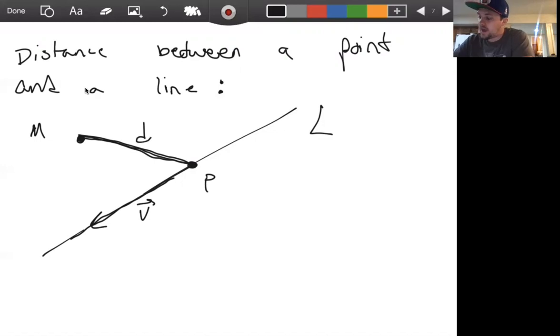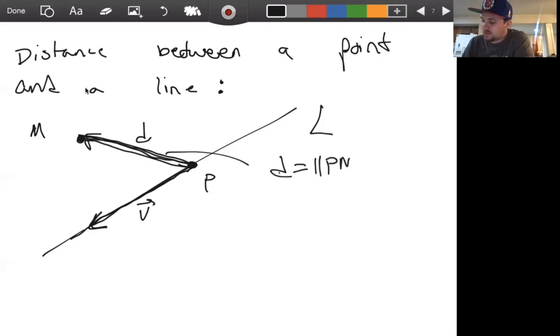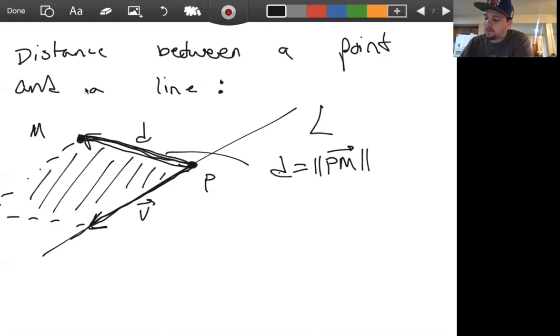Okay, and how you calculate this is imagining here that v and this vector PM, which starts at P and ends at M, right? Notice that d is going to be the magnitude of PM, but this is the side of a parallelogram spanned by v and PM.